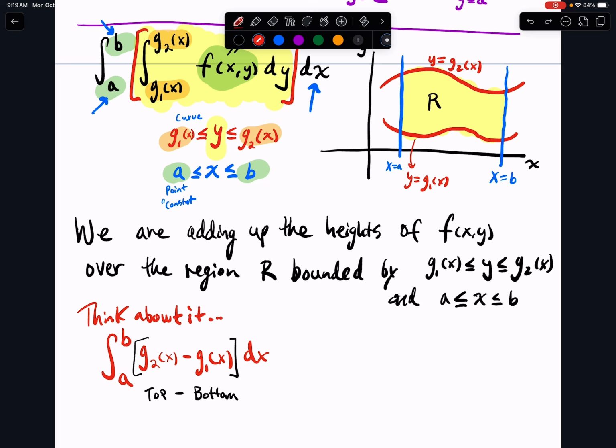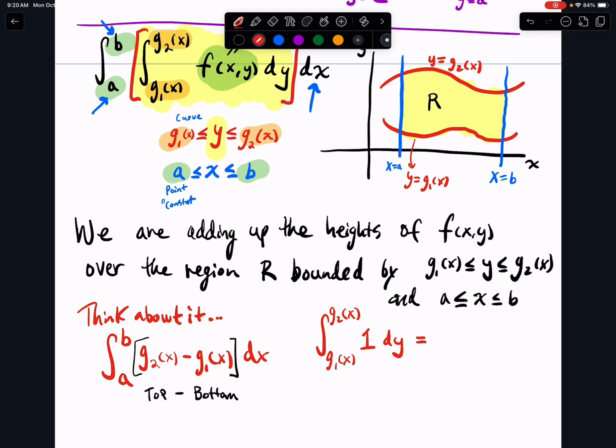So let's go back a step here, and I'm going to integrate from g1 of x to g2 of x of 1 dy. Okay? So what is the integral of 1 with respect to y?